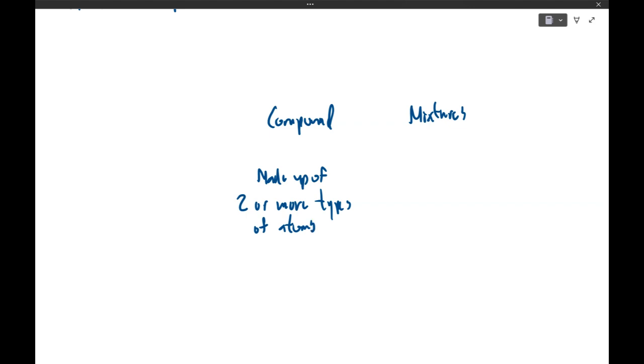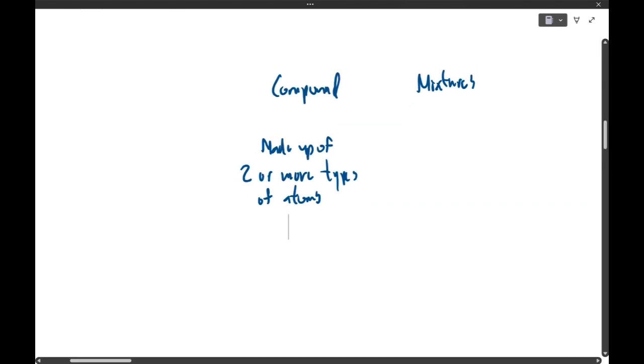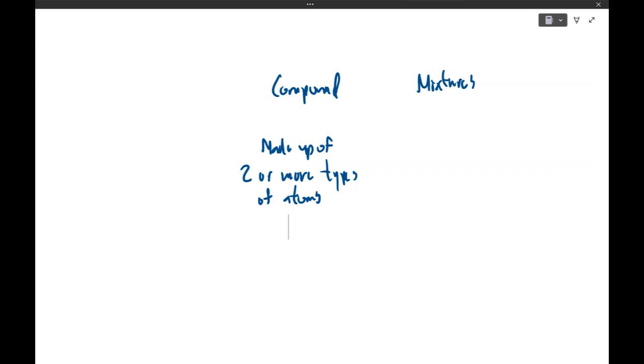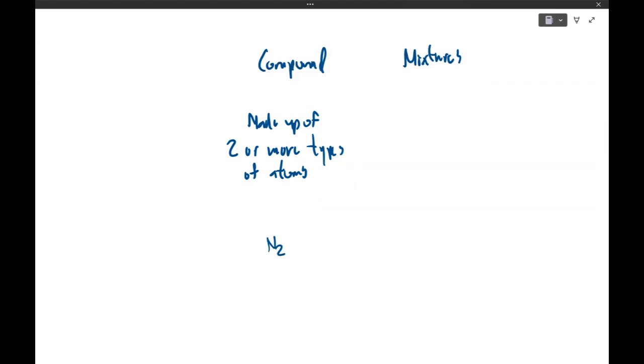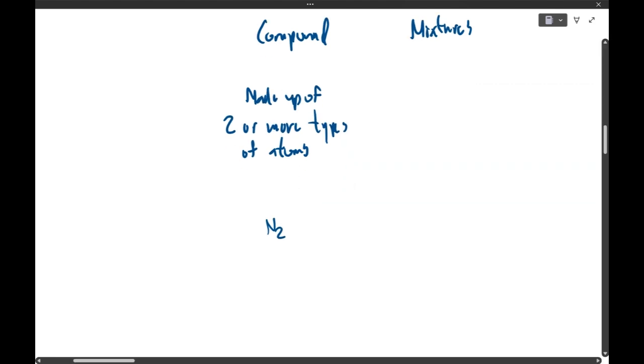Now, it's really important to understand what types means. By that it means two or more elements, so atoms that differ in their atomic number. And this is really important because you can have things like nitrogen gas, so N2. It's not a compound because it's not two or more types, it's two or more atoms that are of the same type.